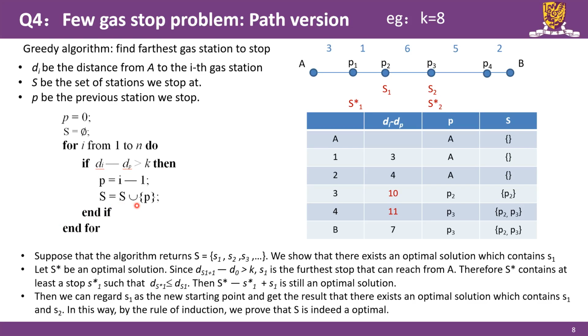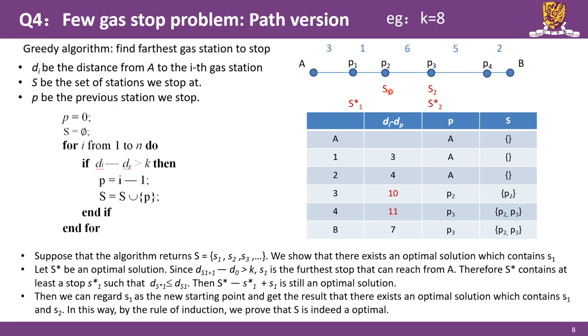Then we will prove the correctness of this algorithm, and the overall method is the rule of induction. First, let's suppose that this algorithm returns a solution set that is S1, S2, S3. For this particular case, the solution will be S1, S2 that we stop at, which is P2 and P3 respectively.